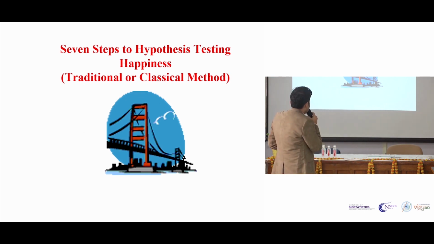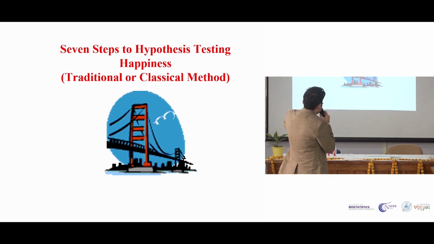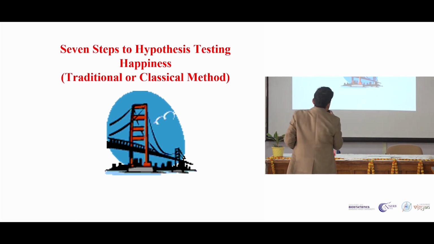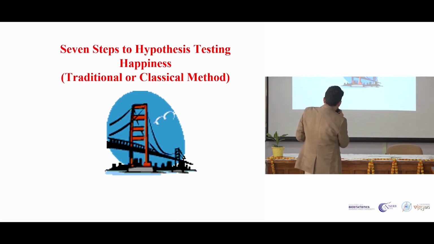Now, I want that you people write these things, these steps, so that it becomes crystal clear what we are going to do. These will be the core steps of doing any type of hypothesis testing.